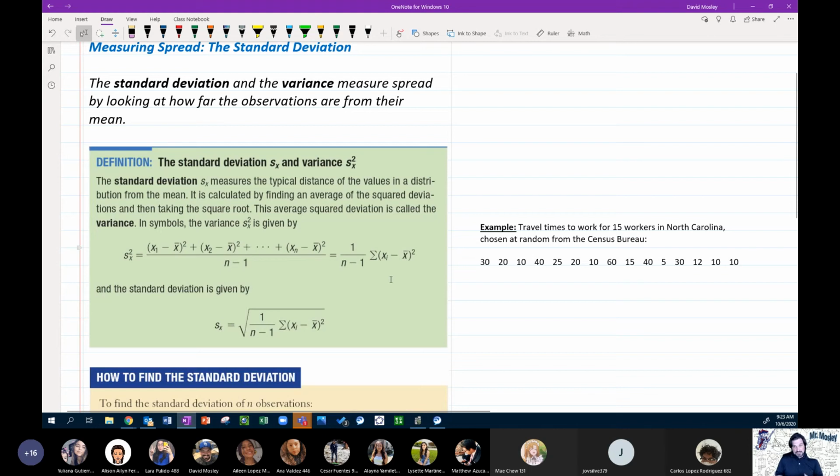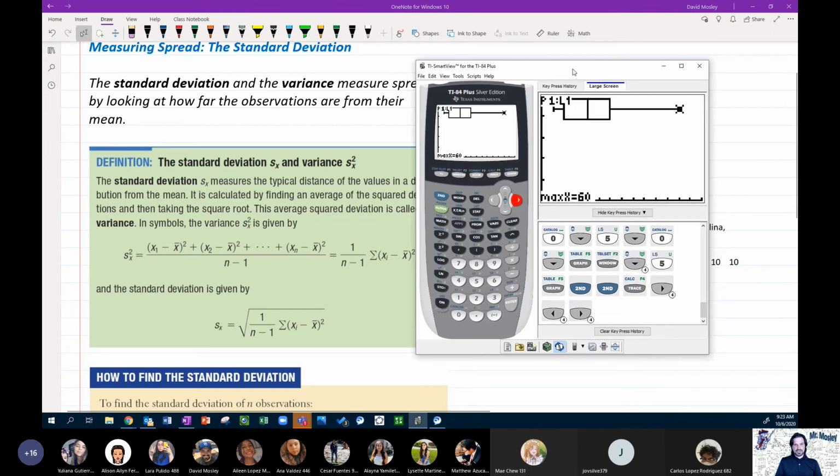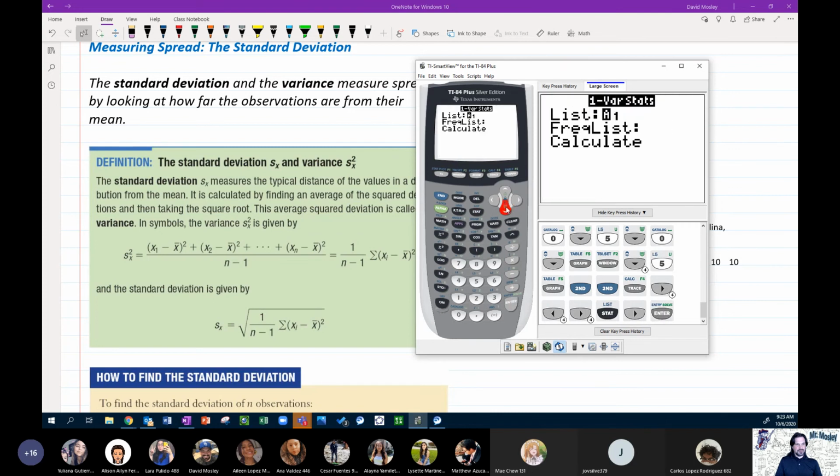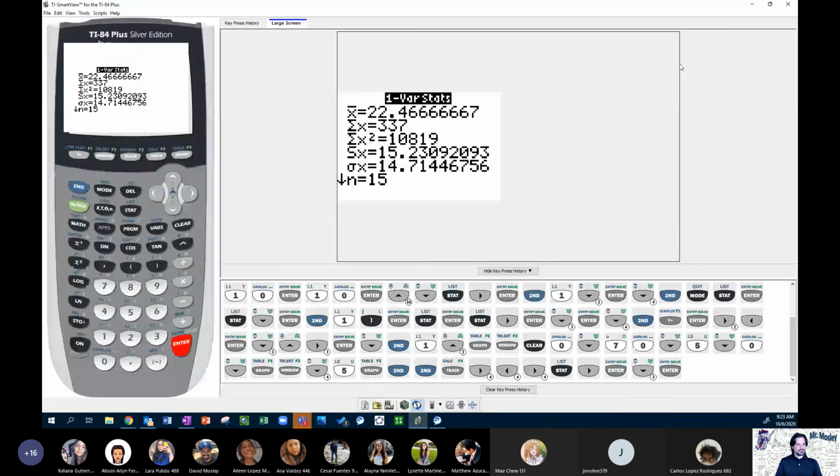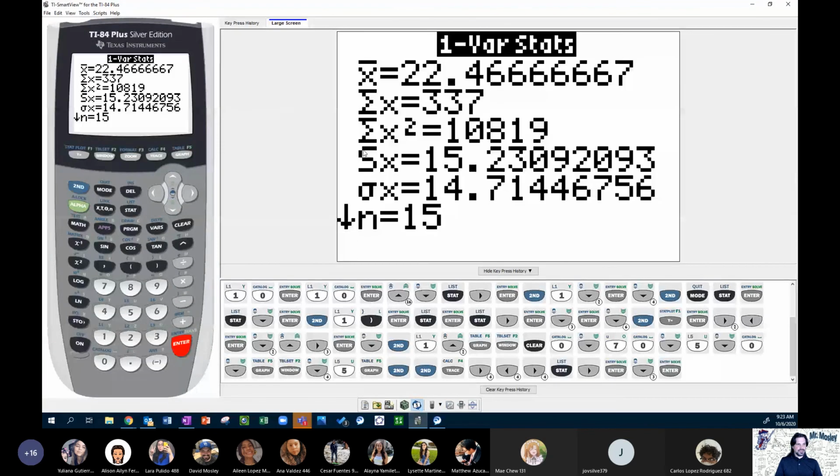Again, we can calculate this by hand. It's a terrible process. But if we look at our calculator and we go back to our one variable statistics, right here where it has the x, that's the standard deviation. It's been calculated for us based on our data.